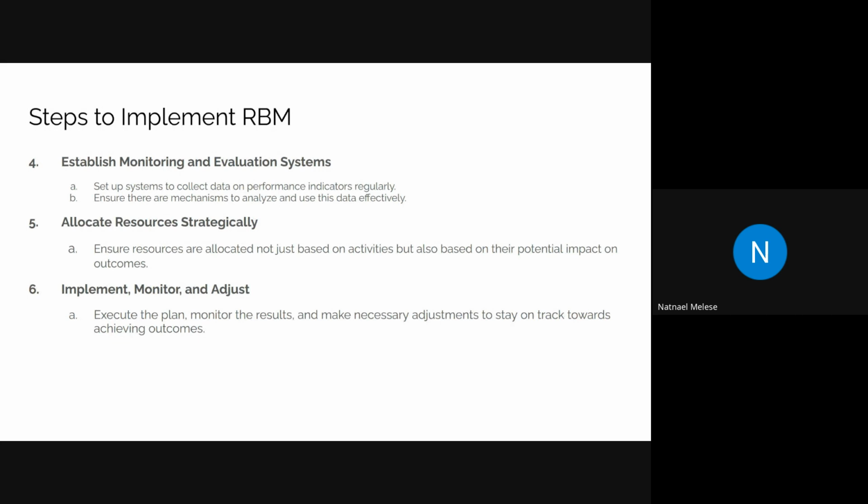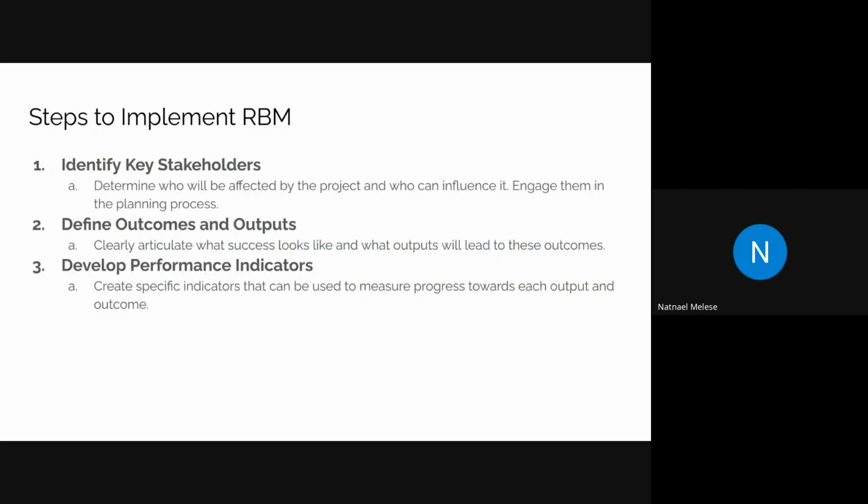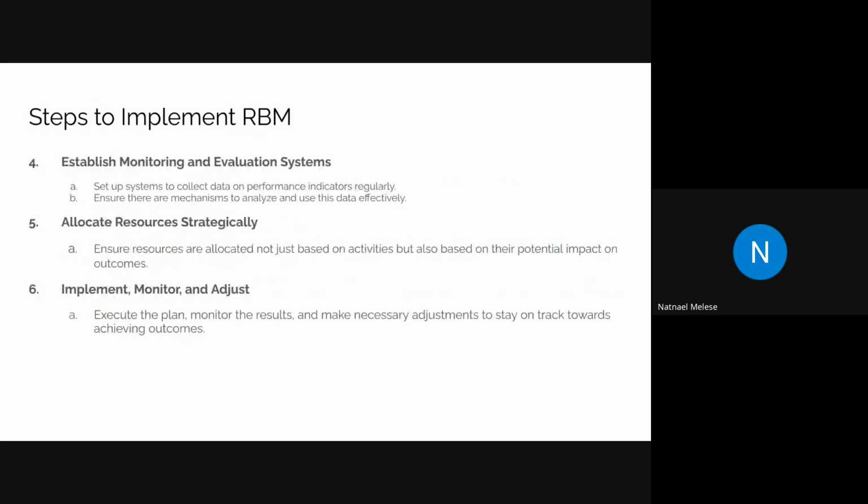And the next is to implement, monitor, and adjust. In this step, you might reiterate to number 5, you might reiterate to number 2, you might reiterate to number 1. So this step is just for you to monitor and adjust. After that, it's a process of repetition.